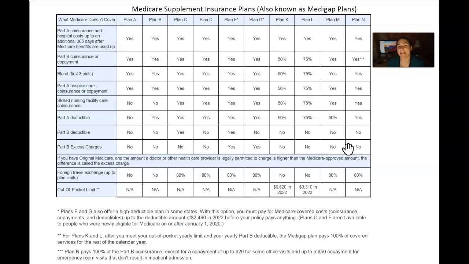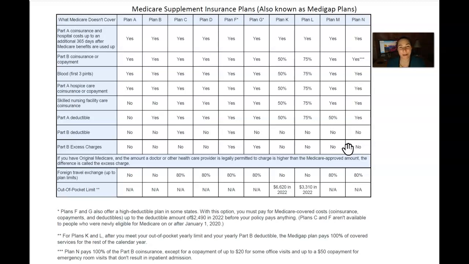So when it all boils down to it, excess charges are for those providers that don't accept the Medicare assignment, that menu of prices per the different services they can offer. In that instance, they can only charge an extra 15%. And as I said, in the grand scheme of things, 96% of doctors and providers out there are participating. So not really something to be completely concerned about. However, if you do have a Plan N, you are going to want to know if your provider participates. There are a couple of different ways you can check.